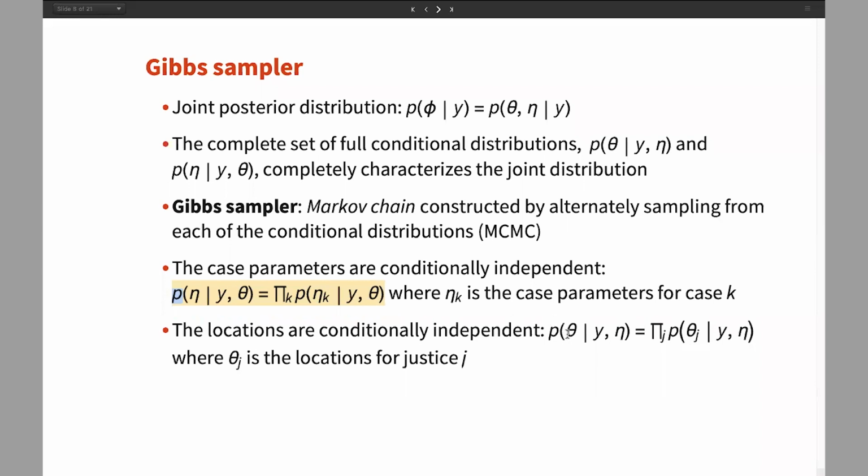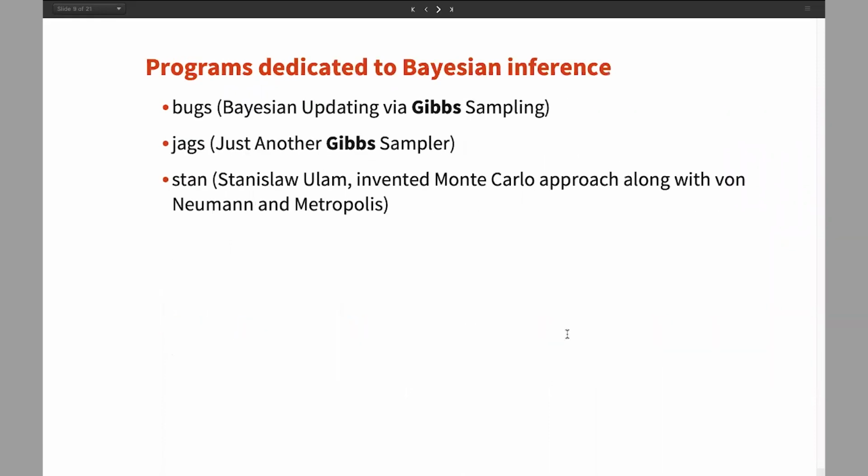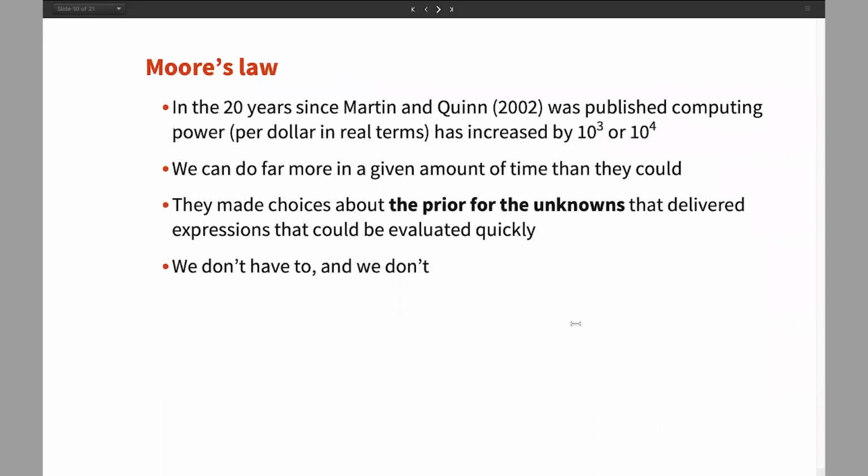And similarly, we can do exactly the same thing for the locations. So this decomposes the model in a way that makes everything very much simpler, and we just have a whole bunch of relatively simple draws for our MCMC. And Gibbs, I'll just skip over this.